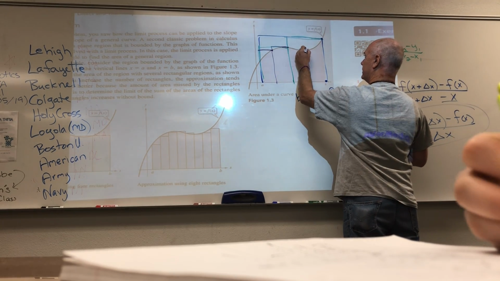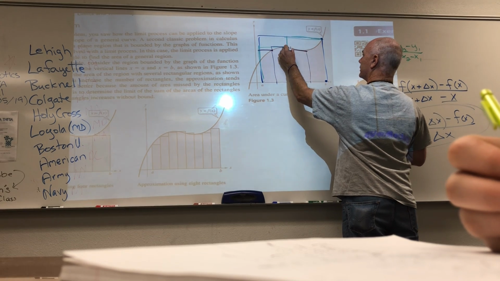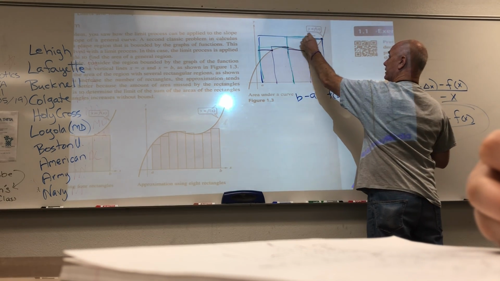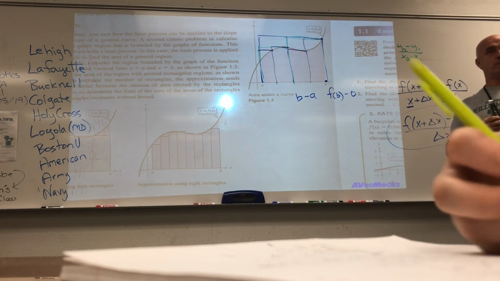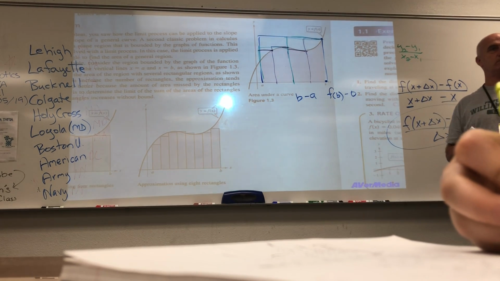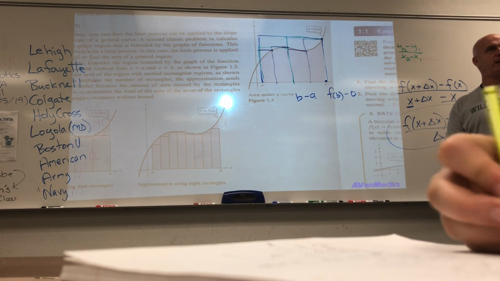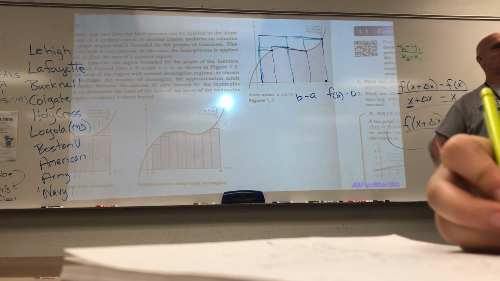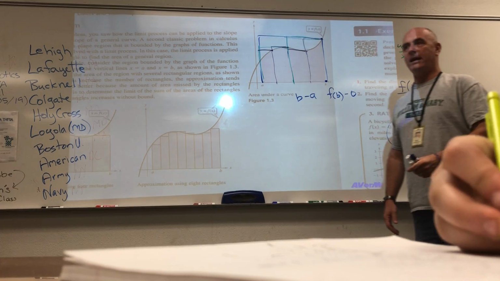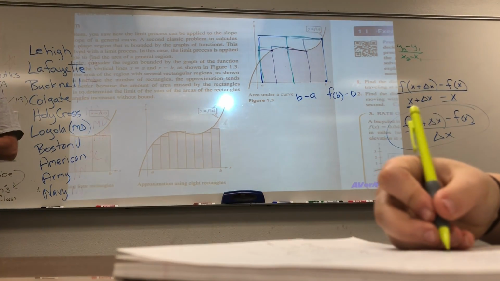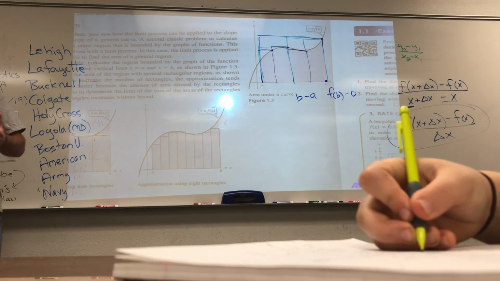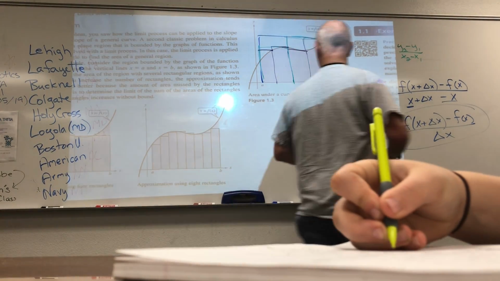Then we go from here, we go over, and we go down. And then we go here, and we go over, and we go down. Better approximation. What would make it better? More rectangles. And the more rectangles we make, logically, the better our approximation is going to be. Is that fair? So, how do we deal with more rectangles?